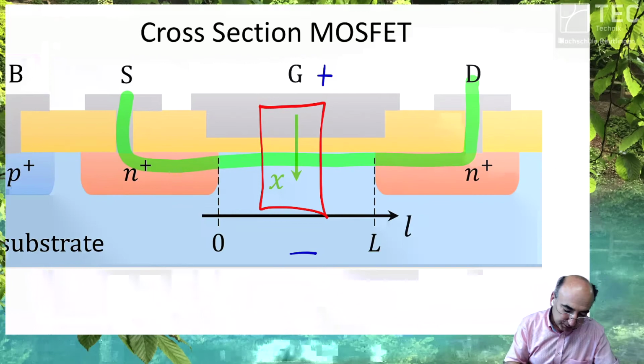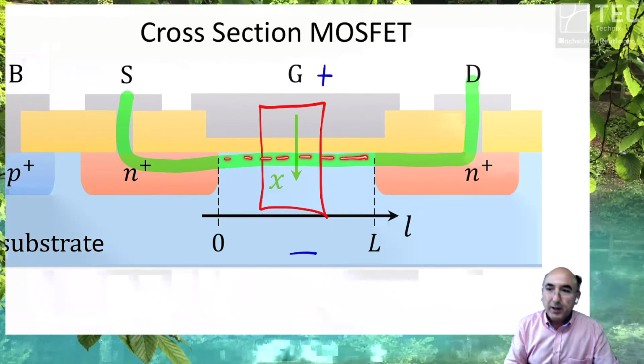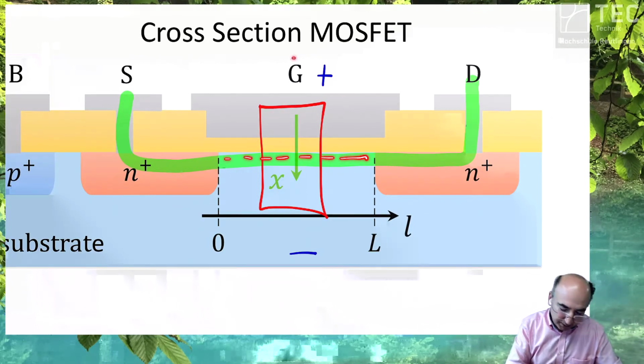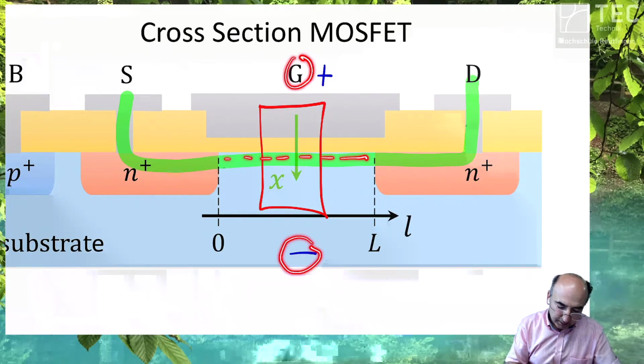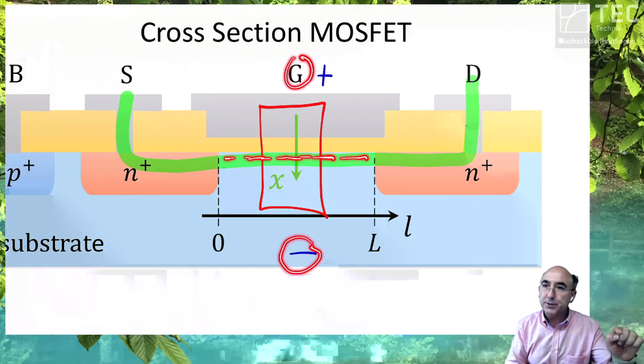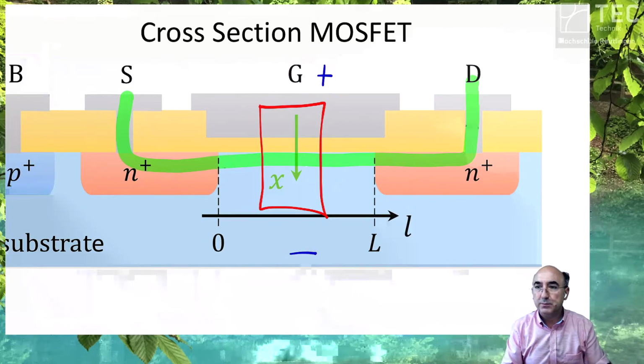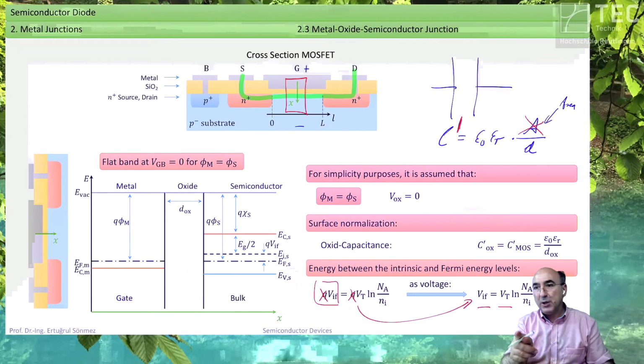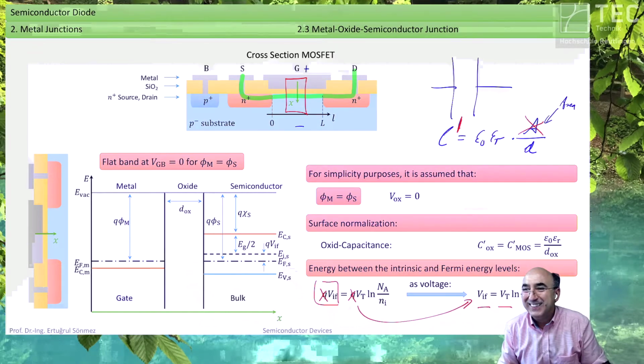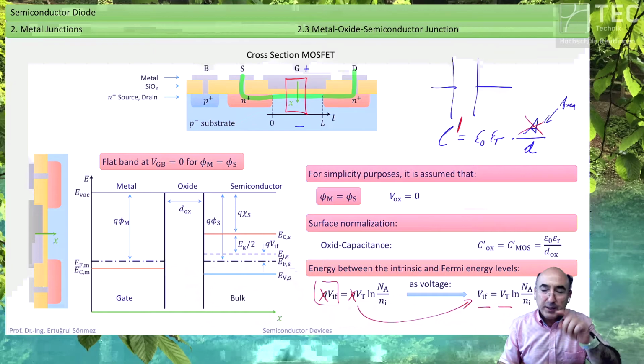It is the voltage you apply between gate and bulk after which you get, by definition, a channel. That's the threshold voltage. But that's the aim of this lecture. Don't forget this question; it will be answered.